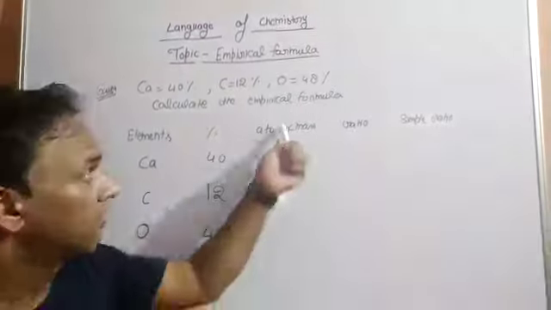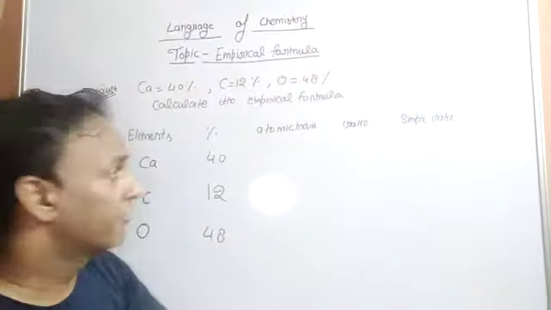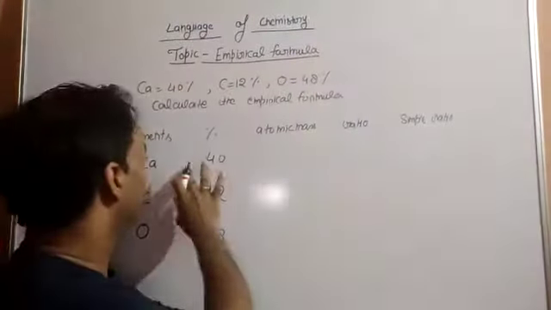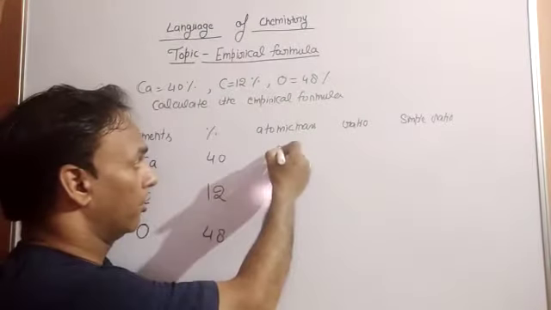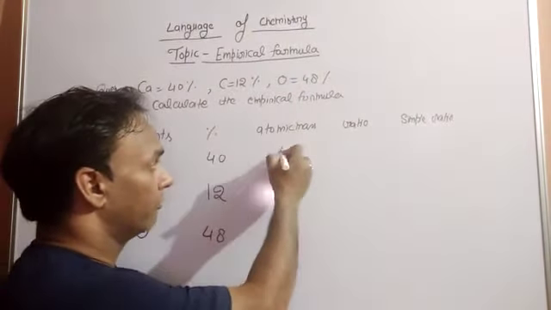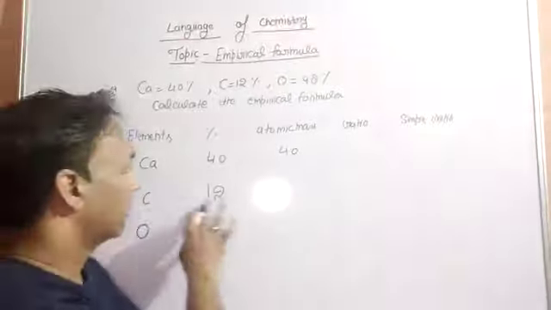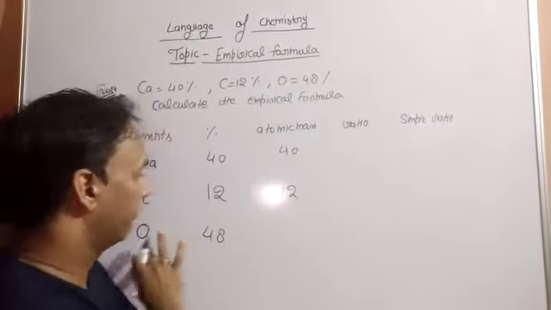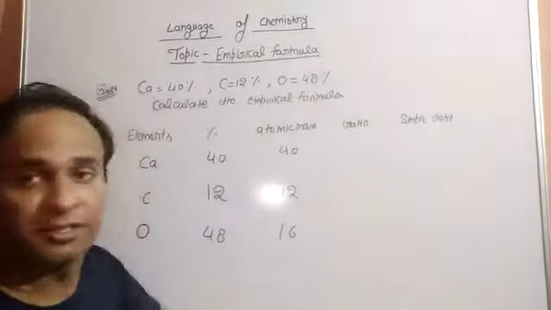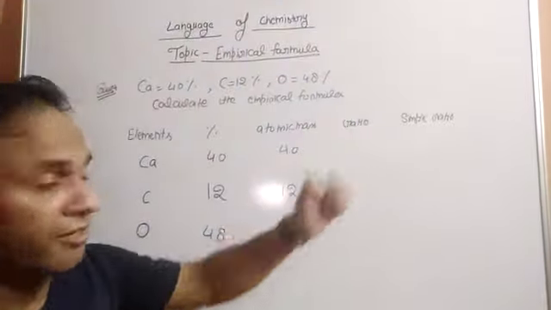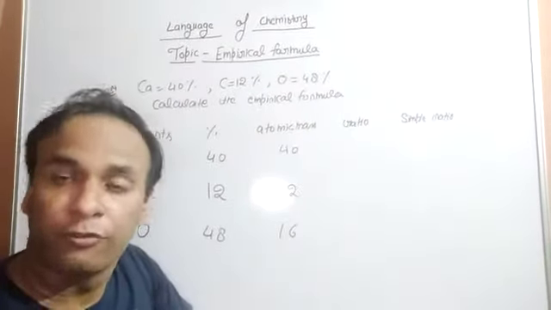And the next column, atomic mass. Atomic mass of calcium is 40, carbon 12, and oxygen 16. Now the ratio. What do we mean by the ratio?